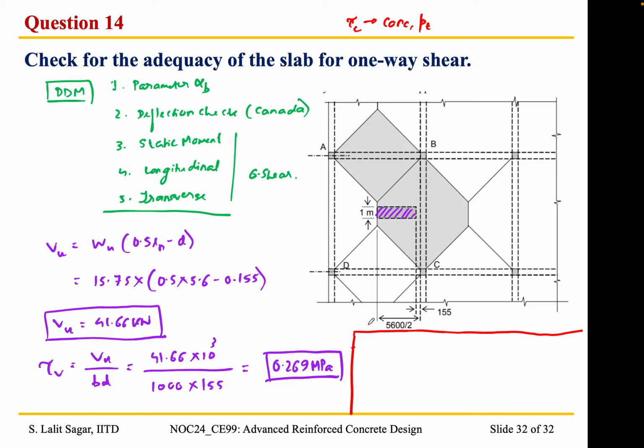Now here the shear strength is equal to K into tau c.